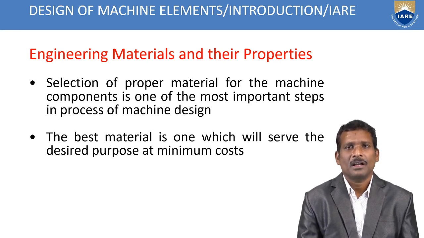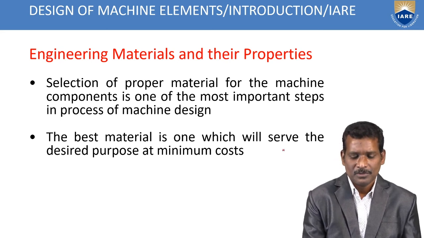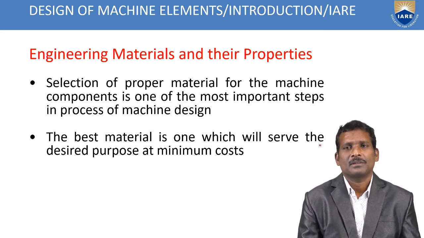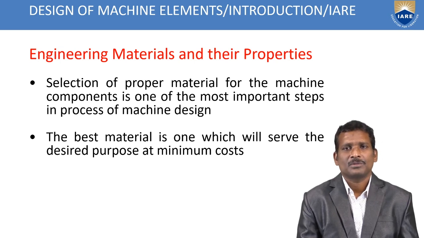So the selection of proper material for the machine components is one of the most important steps in the process of machine design. Clear? So it will serve the desired purpose at a minimum cost. So it leads to minimizing the cost also. So that's why the selection of material should be careful while doing design.